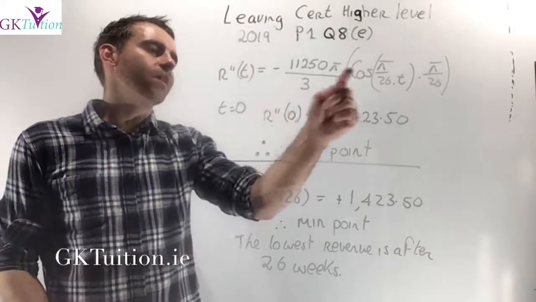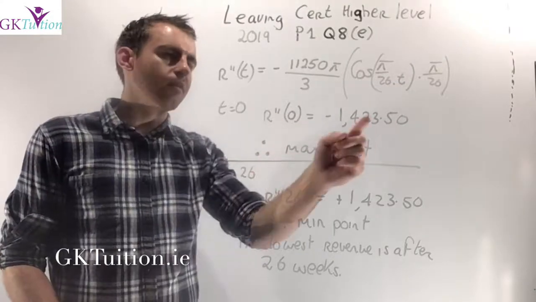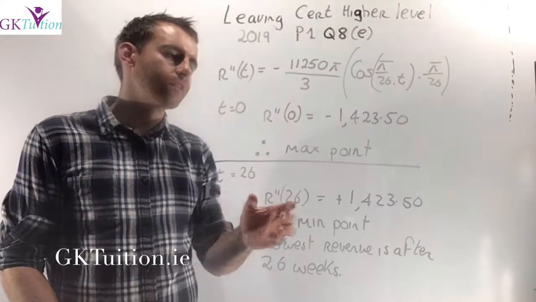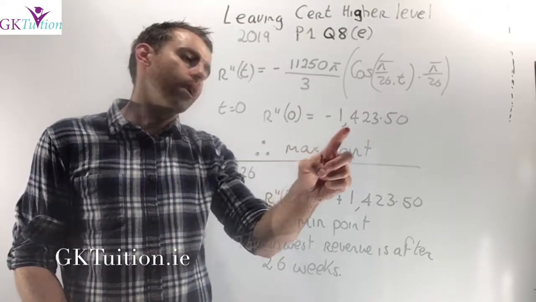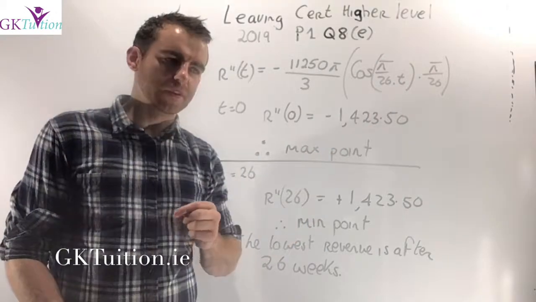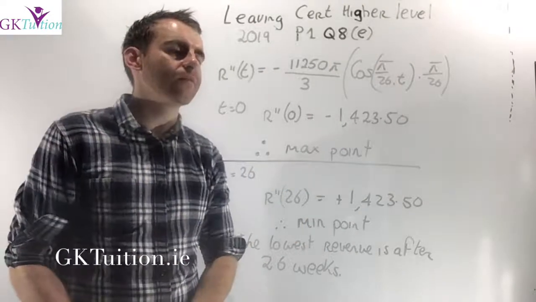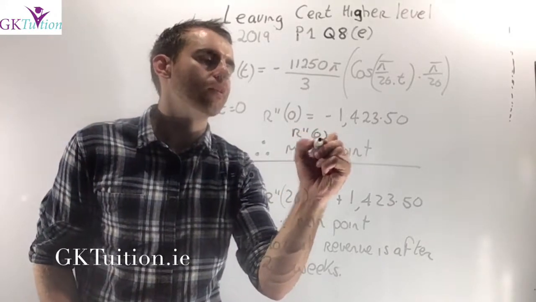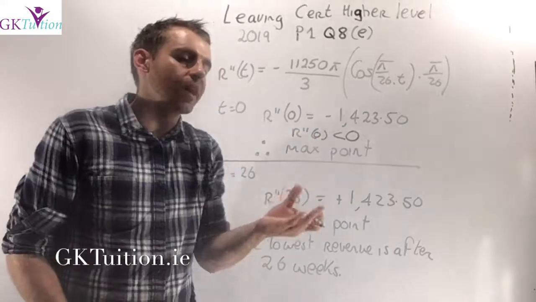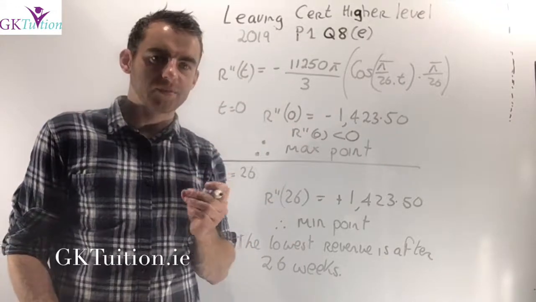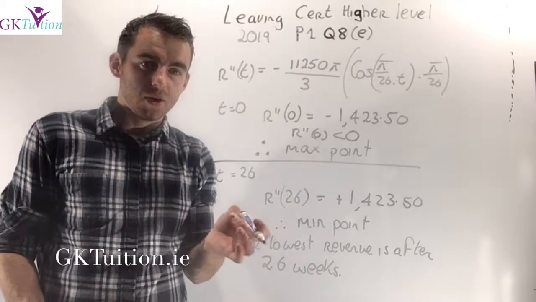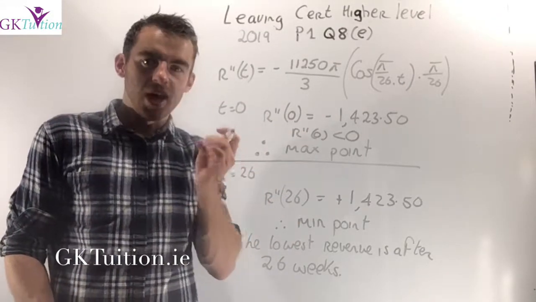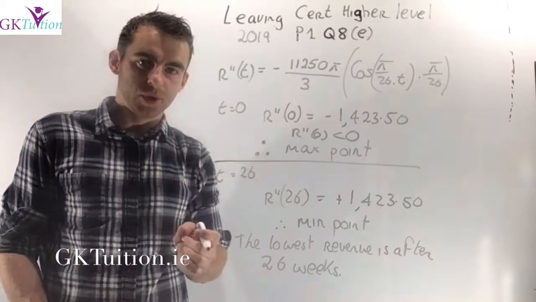If you sub in t equals 0 into this, remember obviously your calculator still has to be in radians, it works out as minus 1,423.50. Clearly this is negative, so I can make a conclusion here. The second derivative is less than 0. If the second derivative is less than 0, that must be a maximum point. In other words, it's actually no good to us because the question asked us to identify the minimum point.